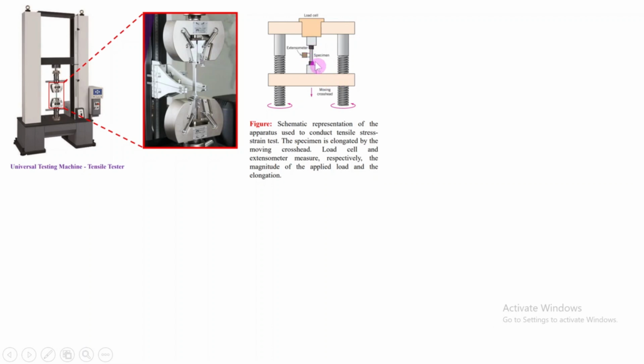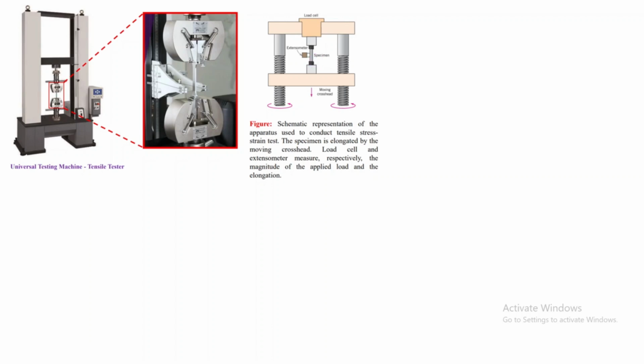Here we have the specimen sample, which is fixed on both ends, and this machine exerts force on it. If the force is increasing, a time will reach at which this sample breaks.